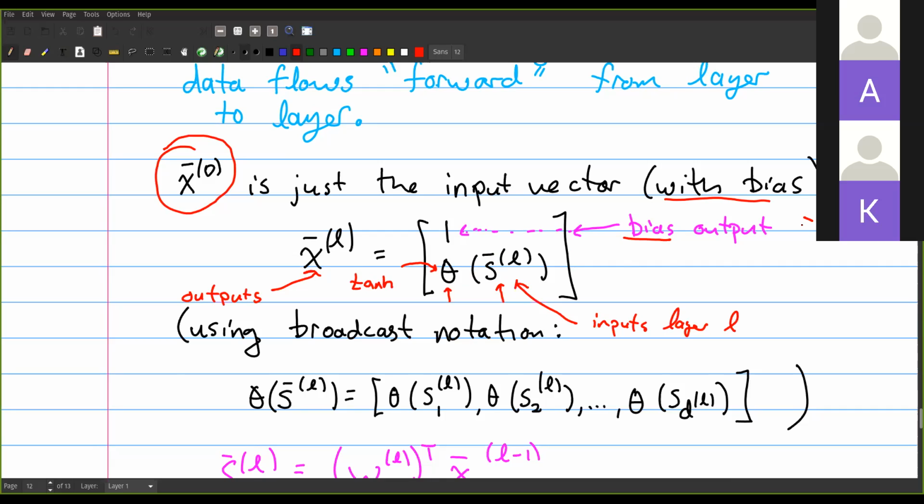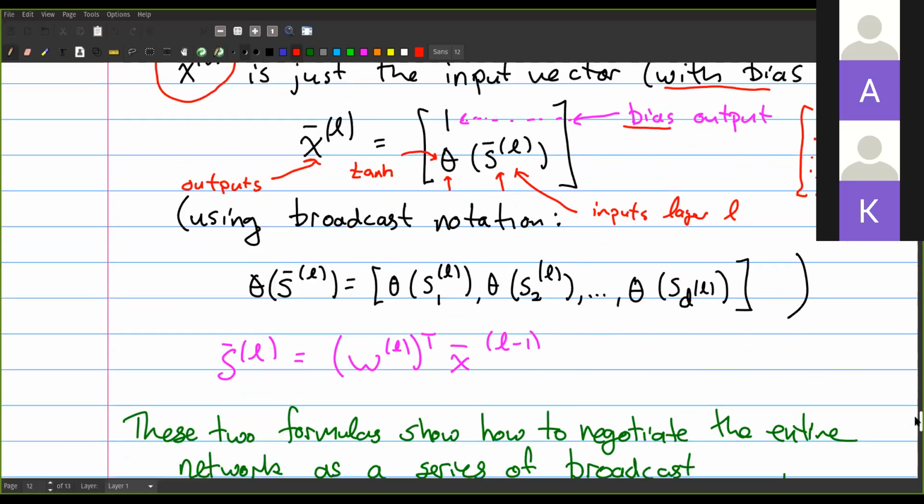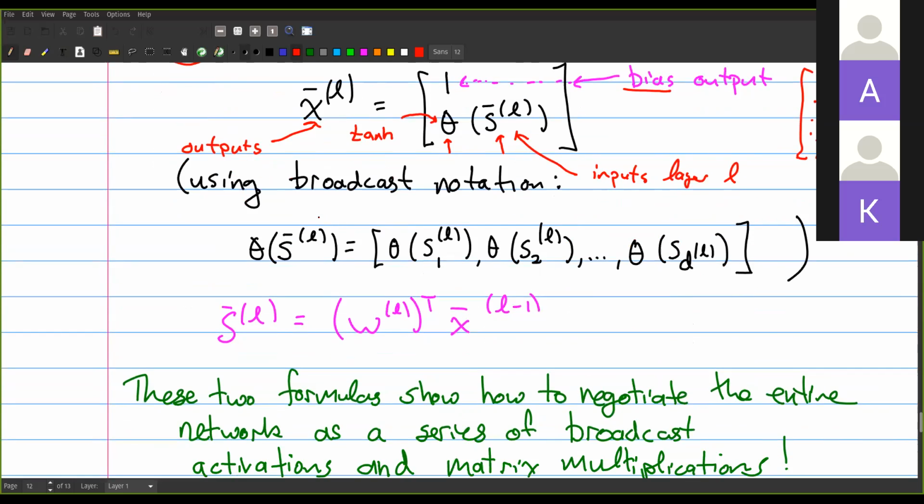So what you're going to get is a whole bunch of values, 0.1, 0.2, 0.3, etc. Even though the notation is nice and compact, because of the way the NumPy broadcast operations work, the code will be almost exactly like this. So when we use the notation theta of a vector, what we mean is theta of every entry. And remember, we also have a way to get S_L.